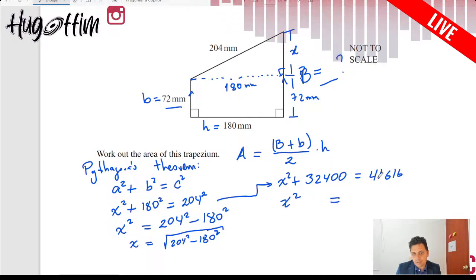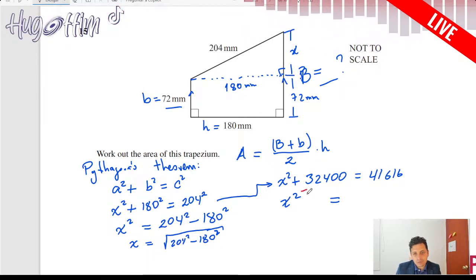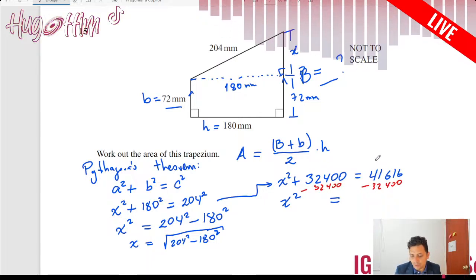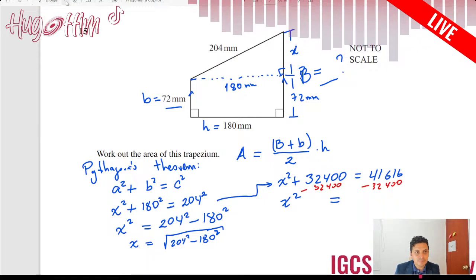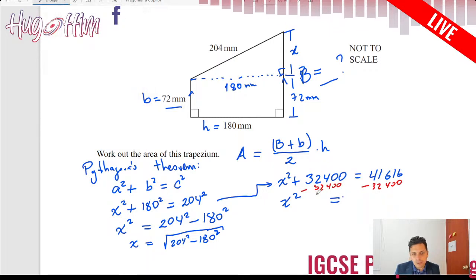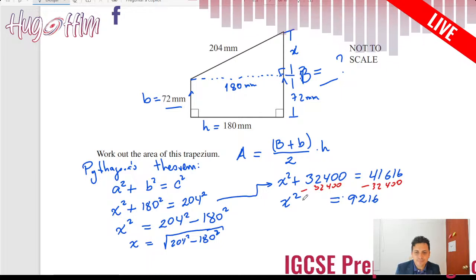x squared equals 41,616 minus 32,400. I'm going to get 9,216.